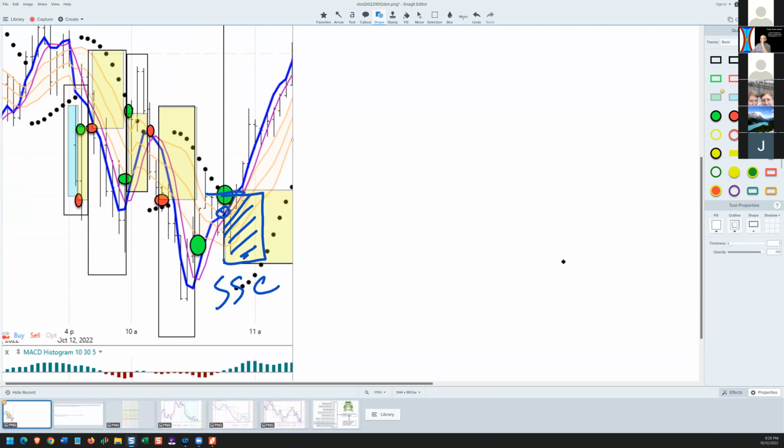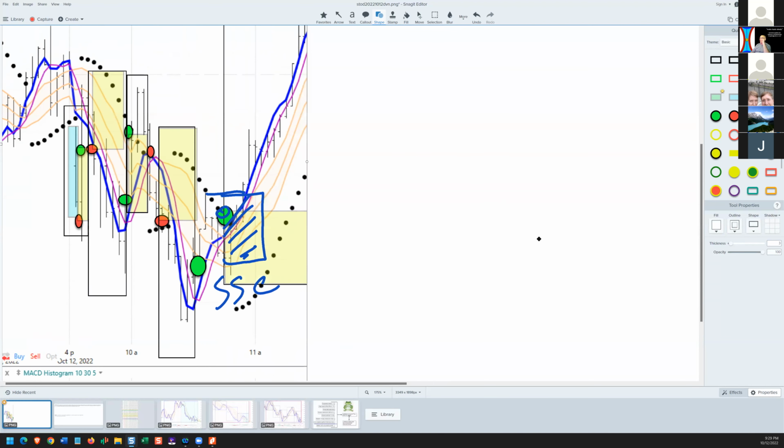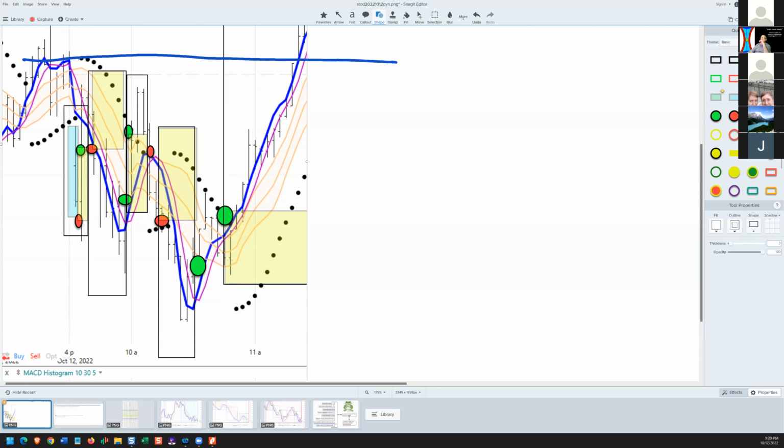Now it's starting to work, and it feels like, oh, okay, back in the saddle. What I like about this thing already is that we were able to get above that key resistance, which is what made it fail here. This was a place for a possible second position.